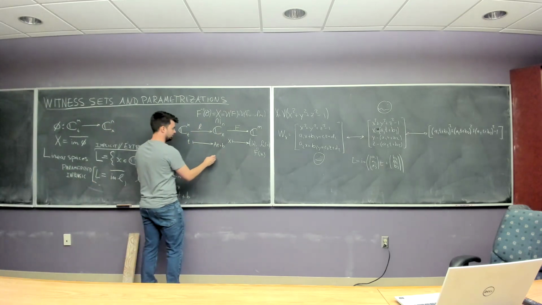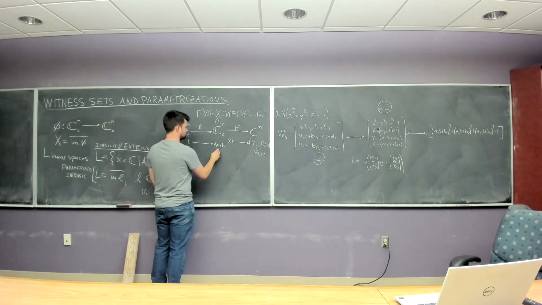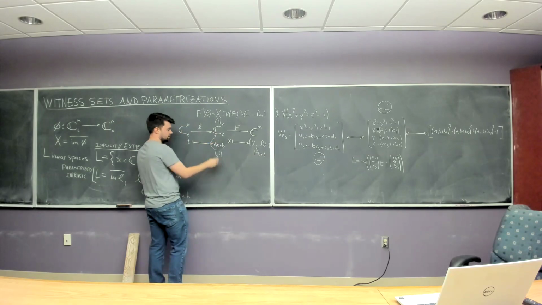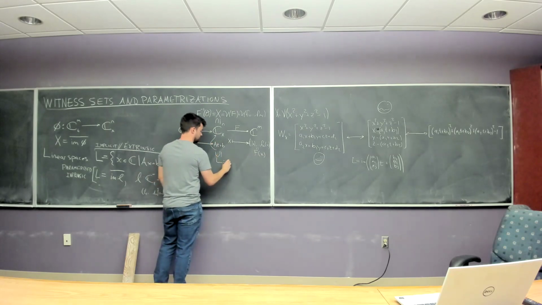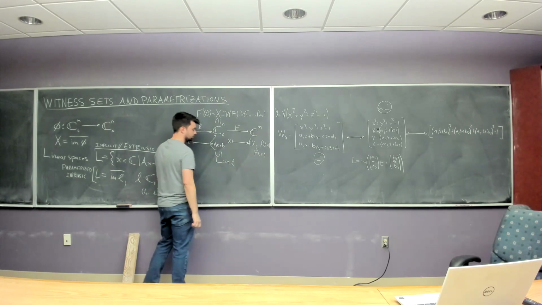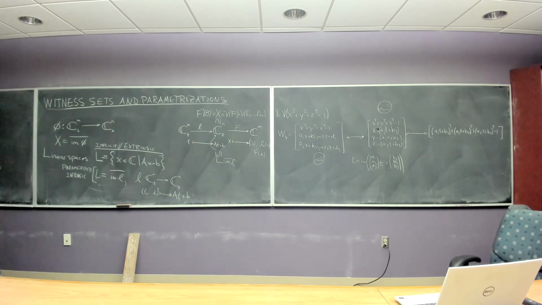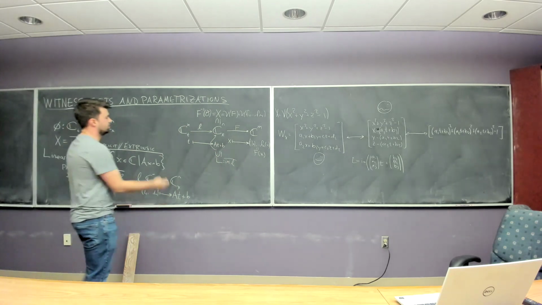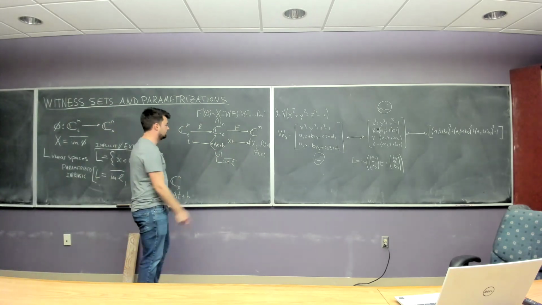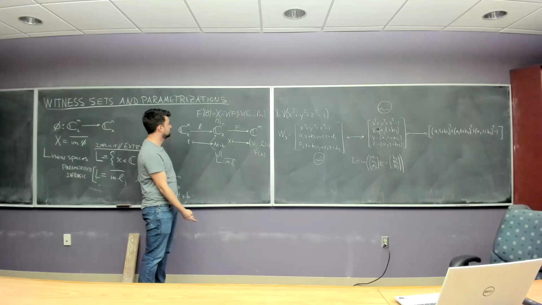That's our L. I guess also inside C^n, the image of L. Now what is the interpretation in terms of these arrows of L intersect X?